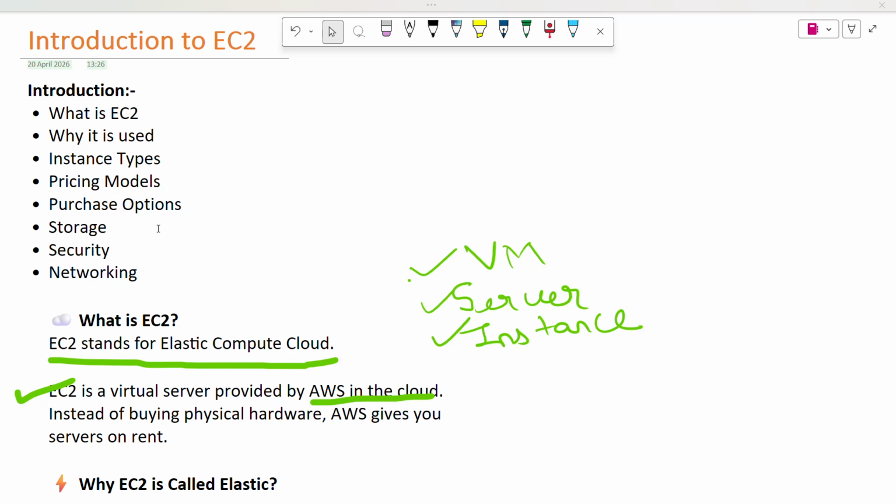In the playlist, when I upload the new video, I'll be deploying a web application. So this theoretical part will help you understand that concept. That is why I introduced this part first, and in the coming video I'll give you a proper hands-on practical session on hosting a static website onto an EC2 instance.